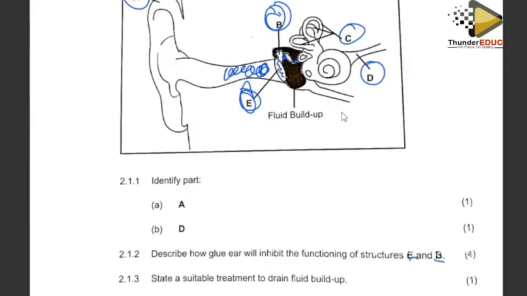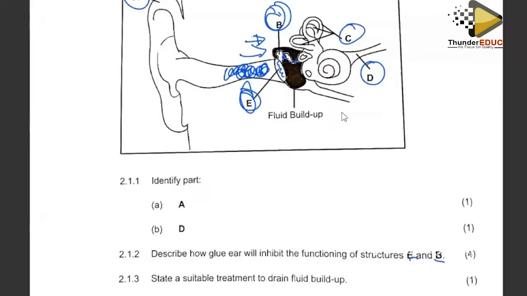So what can you say here? Say that the build up of this glue ear will increase pressure, because too much fluid is going to increase pressure on that side. It is going to limit the vibration of the structure E, the tympanic membrane. It's going to limit the vibration.